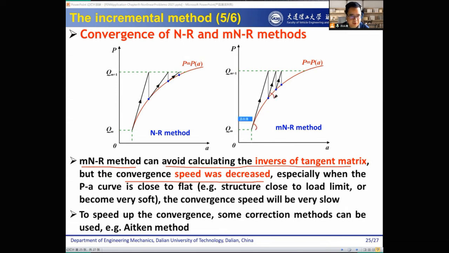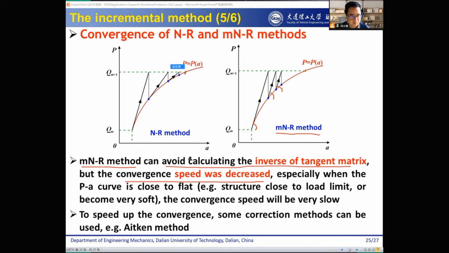Therefore, the calculation efficiency is increased. But for these problems, it takes more iterations for the modified Newton-Raphson method to converge to the solution. For the original Newton-Raphson method, it converges quickly to the solution.